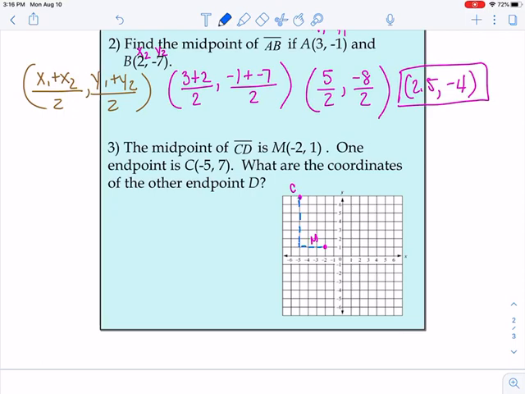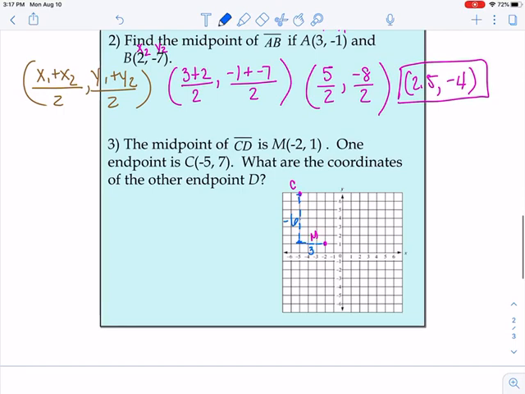So to get from up at C down to here, I'd have to move down 1, 2, 3, 4, 5, 6. So I went down 6 and to the right 1, 2, 3. So I went down 6 and to the right 3. So we're going to start that same pattern starting at M. I'm going to go down 6, 1, 2, 3, 4, 5, 6, and then to the right 3, 1, 2, 3.